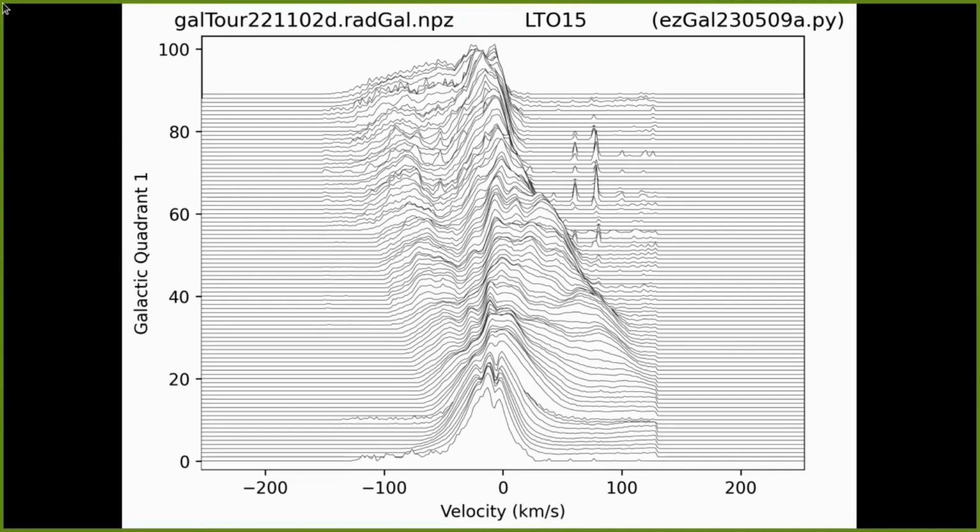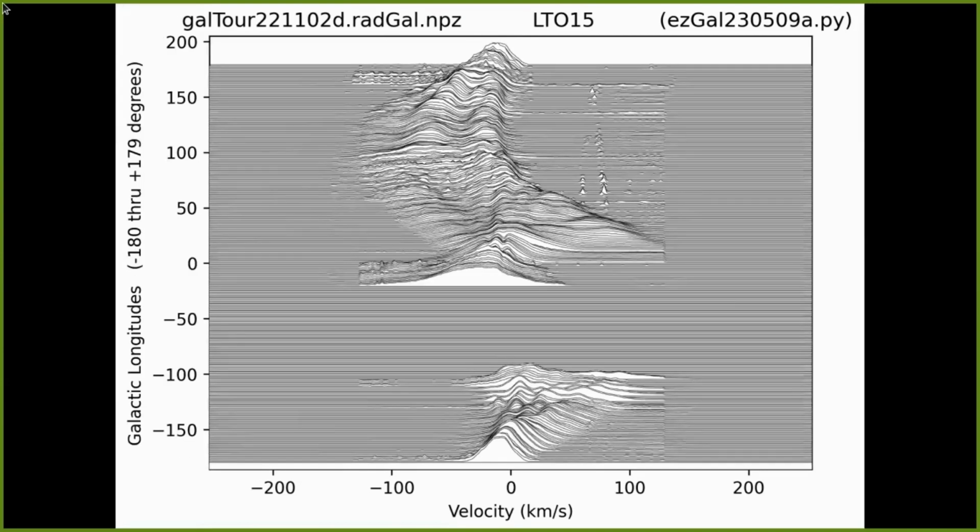If you combine all of them in one plot, you get something like this that provides from minus 180 degrees through 0 all the way up to plus 180 degrees of galactic longitude. We were looking from about here in 0. We see a big bump over here on the right, all the way up to about 90, about halfway up here.